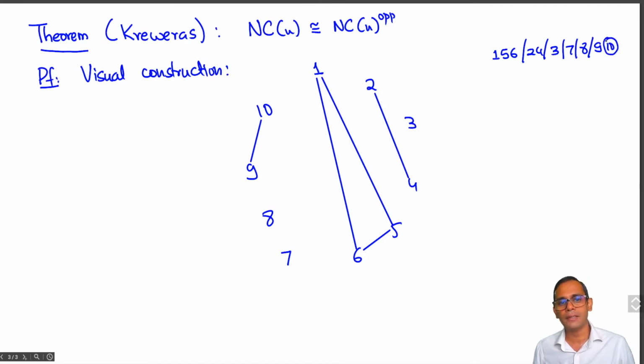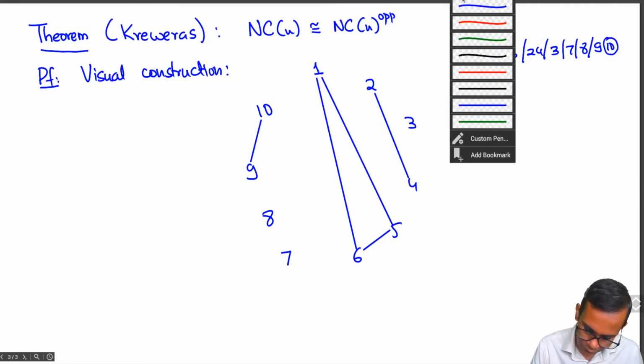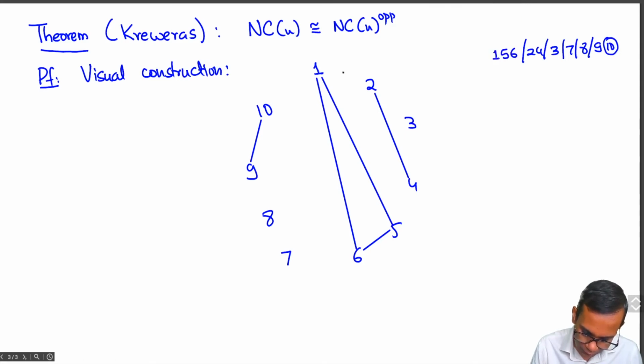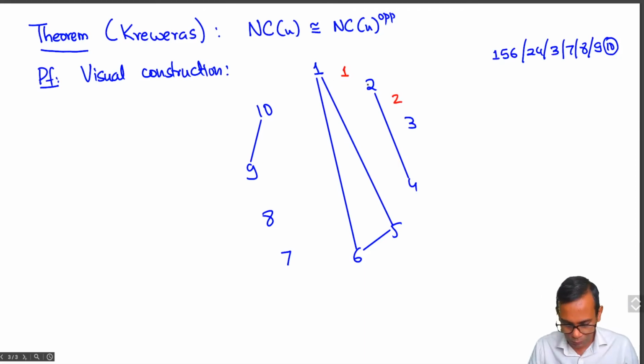Okay, now I will define its image. So I'll define a bijection, right? What I'll do is I'll draw the points 1, 2, 3, 4 again, but in between the points 1 to 10 of the old set partition.